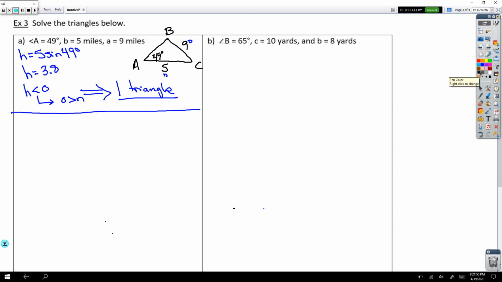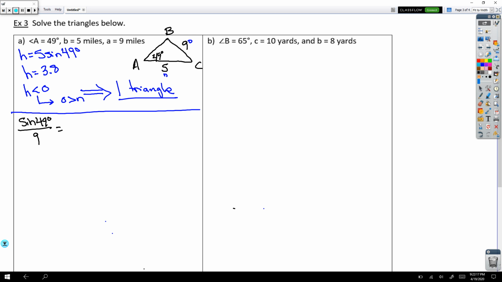The one ratio I have deals with A. So I know that I have the sine of 49 degrees all over 9. And I have side B, but I don't have angle B. So we can use the law of sines to also find the angle measures if we're given that side. We're just going to have to use inverse trig again. But we have our calculators, which makes things a little bit easier on us.